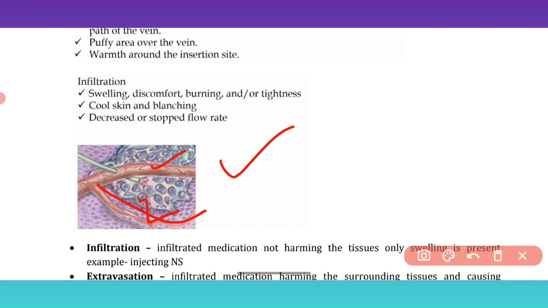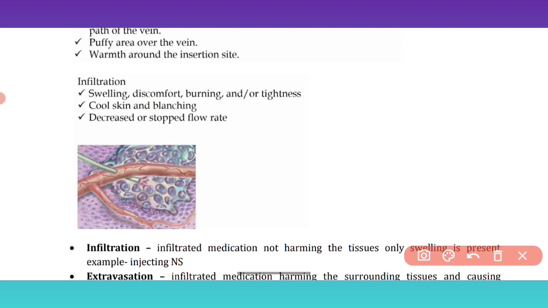Here there is a counter puncture, in the sense the IV cannula is piercing the blood vessel and reaching the tissue. Once you infuse, the fluid is accumulating around the vein, not in the vein. The fluid is not moving in the vein because you can see the cannula has moved out of the vein and is present over the tissues. So whatever fluid you are infusing is going to accumulate in the tissues. So this condition is called what?